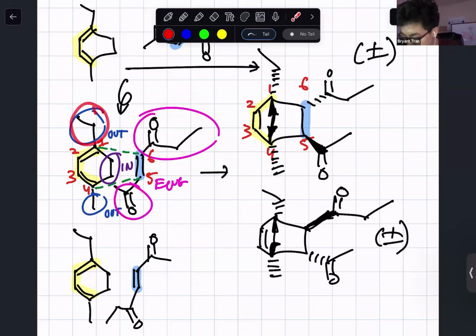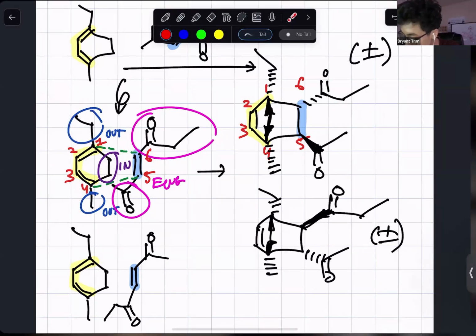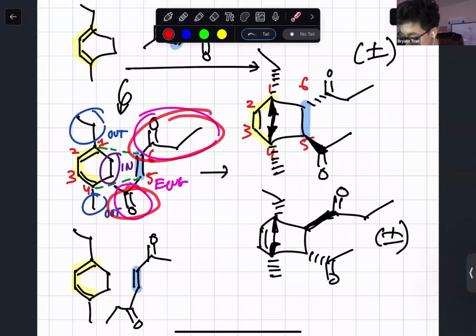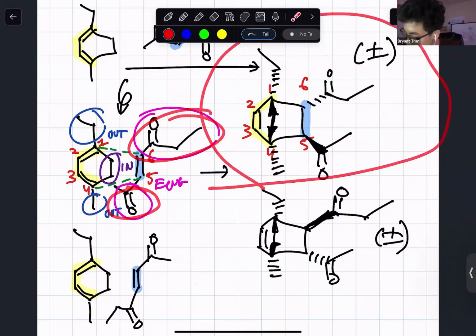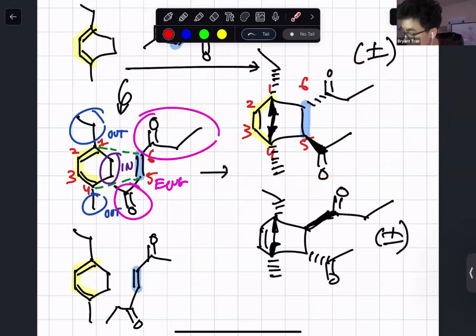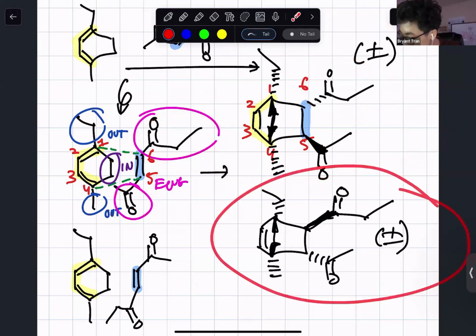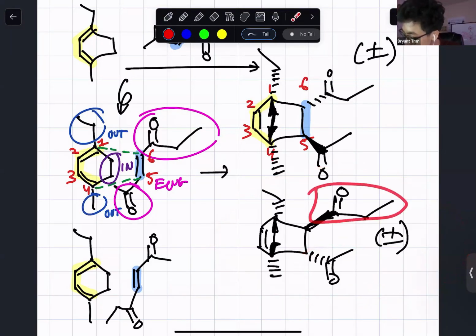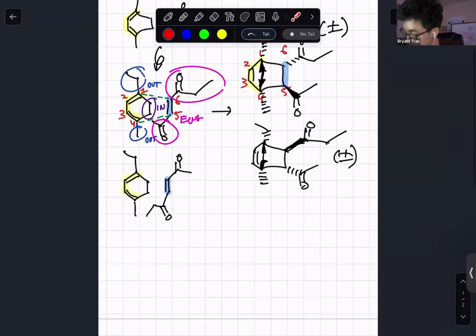The out groups are going to be cis to the EWGs, but these EWGs here are trans to each other. So at this top set of products here, the thing that follows the endo rule is that EWG. But at the bottom set of the products, this EWG here follows the endo rule. Because these two EWGs have to be trans to each other. Right? So those are the first two sets of products.